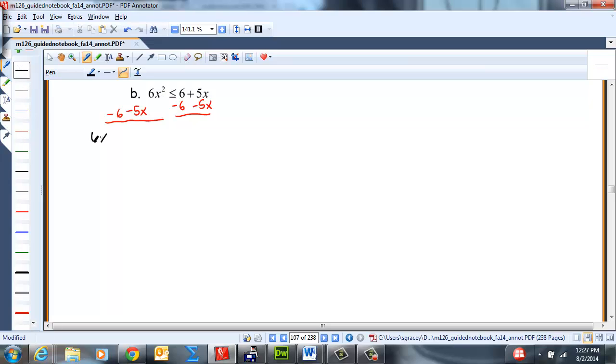So I'll have 6x squared minus 5x minus 6 is less than or equal to 0. Now I've got it set up. So I would let f at x equal to 6x squared minus 5x minus 6.